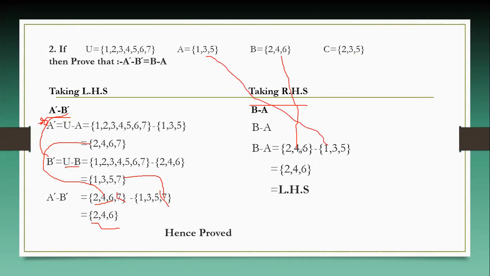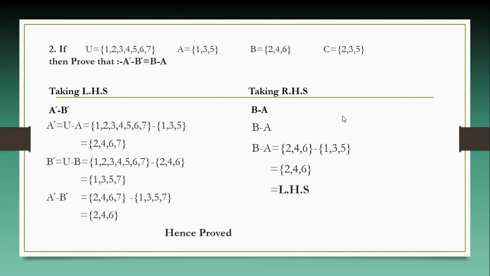No. So write down the remaining elements of set 1. You get 2, 4, 6. The right hand side gives you an answer equal to your left hand side. So we can say that the left hand side and right hand side are equal. You can also take your right hand side first if it is easier for you to solve. It's up to you.